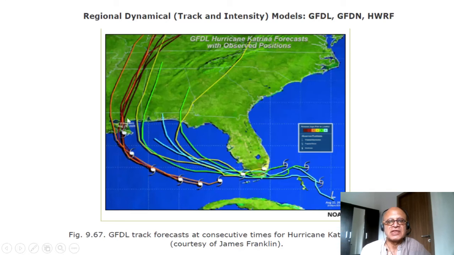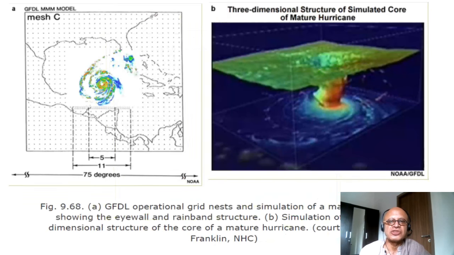So the intensity didn't matter so much as the amount of rainfall and the failure of some of the systems that were meant to protect against flooding. Okay, but that left a lot of scars in terms of what to do.